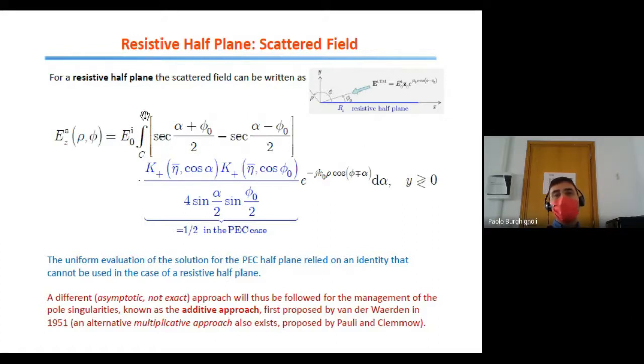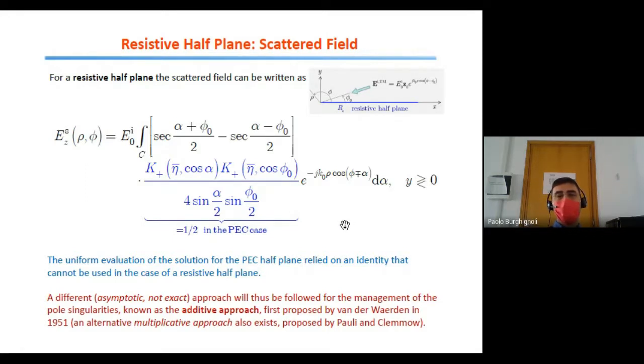And here I have reported the scattered field for a resistive half plane, where in black you have the parts that are common with the perfectly conducting case, whereas this blue part is novel, where it was one in the perfectly conducting case actually. And that contains the split functions involving the Maliuzhinets functions that I showed you before.